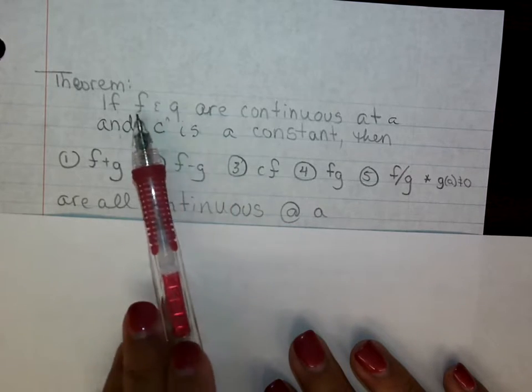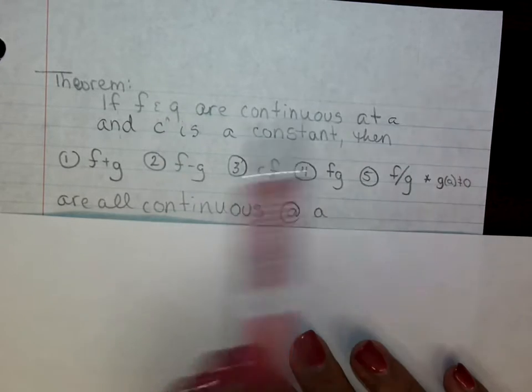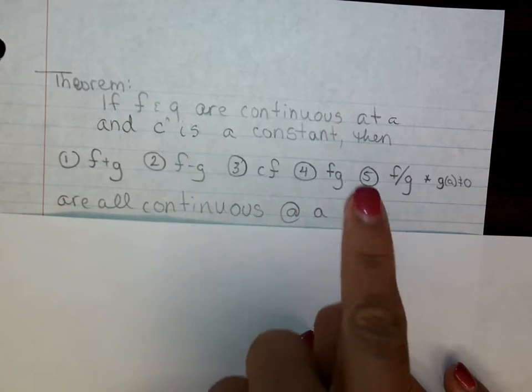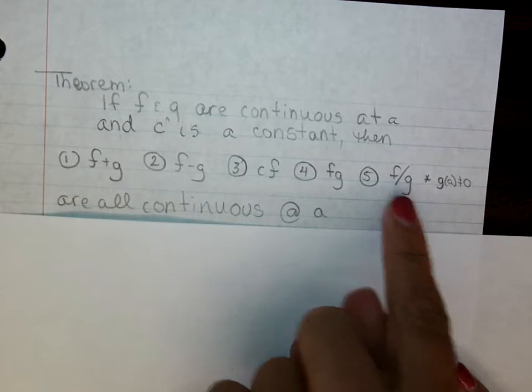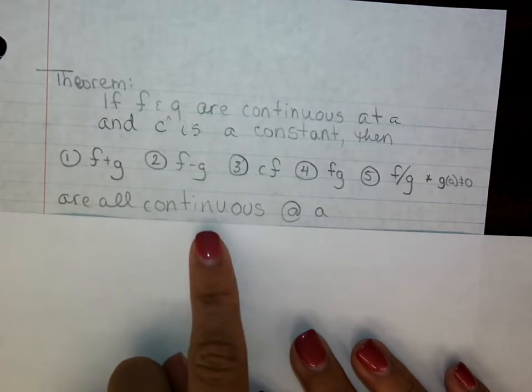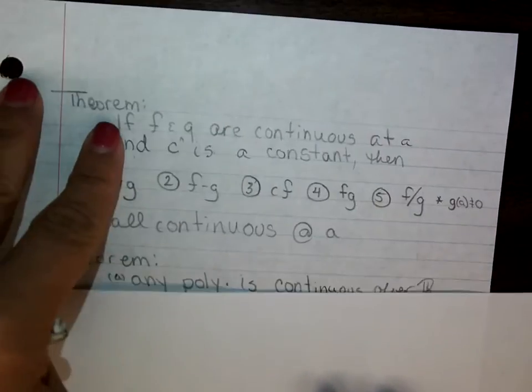So if we know f and g are continuous at a and c is a constant, then we could add the functions, subtract the functions, multiply the functions, divide the functions, or multiply the function by a constant, and they'll all still be continuous at a.